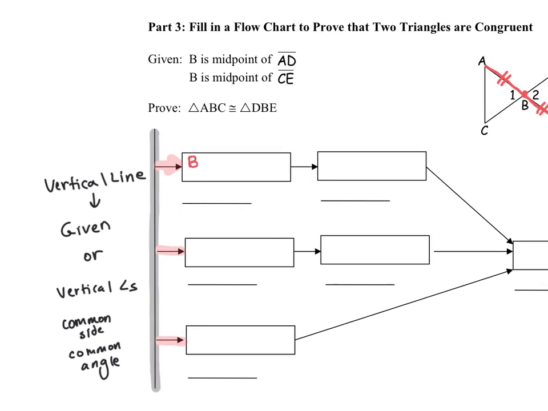So B is the midpoint of AD. I write that in the box. And in this line, I have to write the reason. Why was I able to say that B is the midpoint of AD? Because it's given. So I write that on the line beneath it.